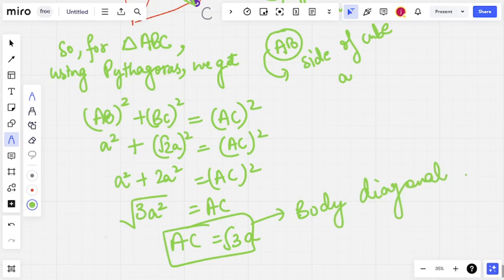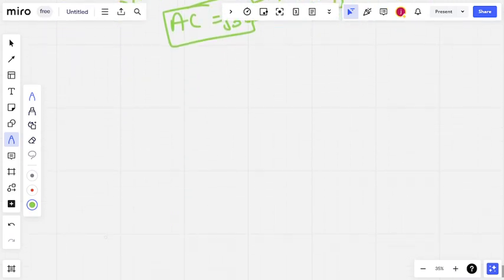Alright. So now make one important point, note it down. Remember this point.